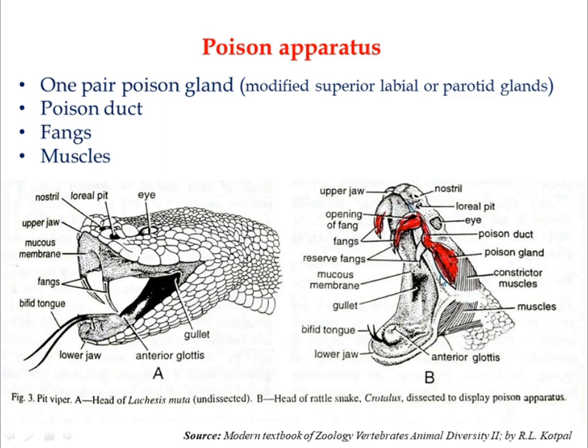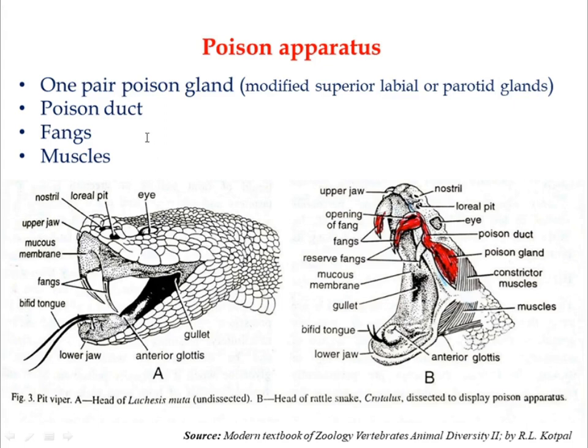Each gland is thickly encapsulated with fibrous connective tissue and mostly covered with constrictor muscle. Here you can see this is the position of constrictor muscle. So they are surrounded by constrictor muscles. Constrictor muscles are also called as temporal or masseter muscles.